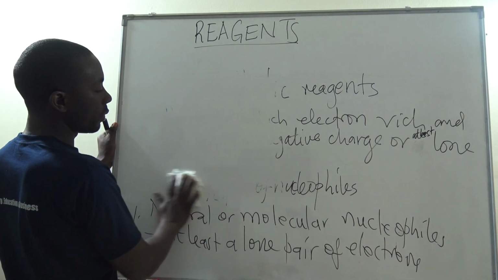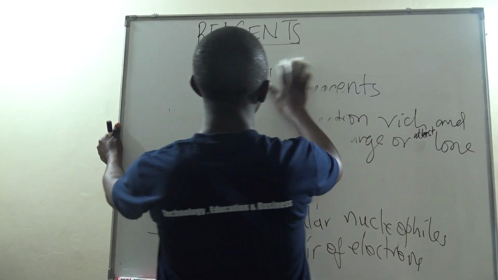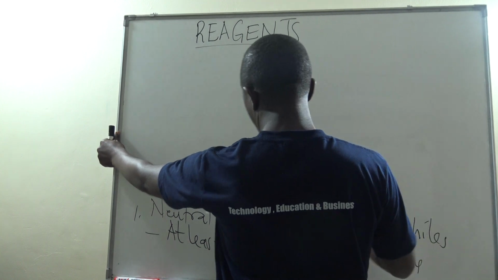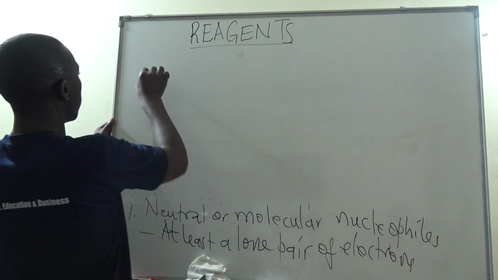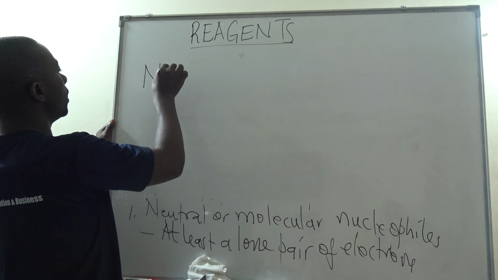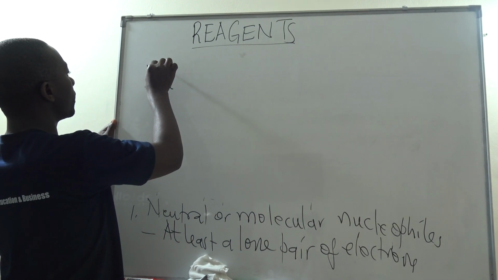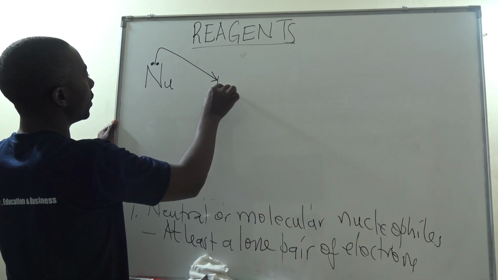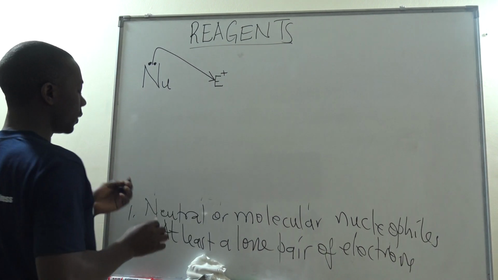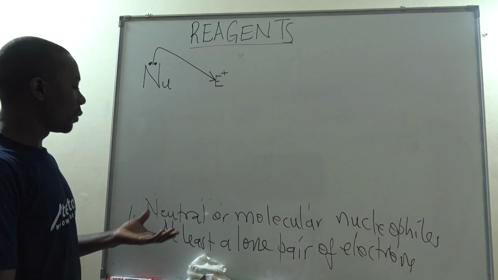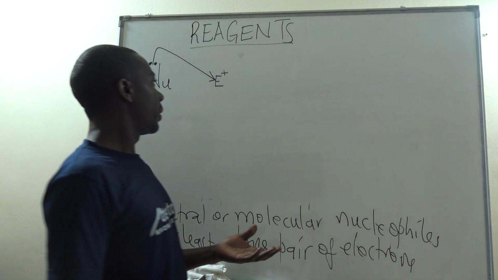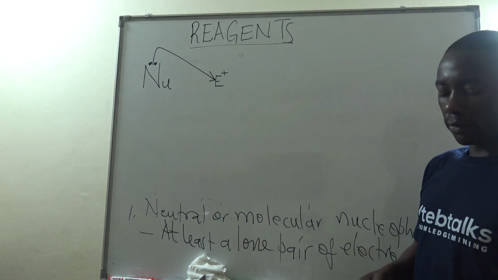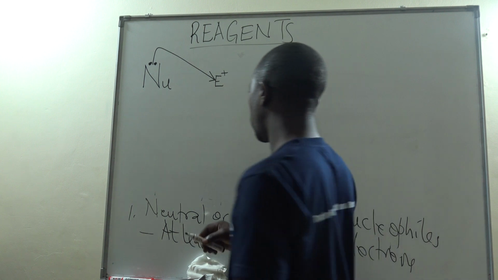I want us to take an example here. If this is a nucleophile, it would have lone pairs, which it would donate to electron deficient species. And that is a property of nucleophiles. They are electron rich and therefore donate electrons to electrophiles, which are electron deficient species.